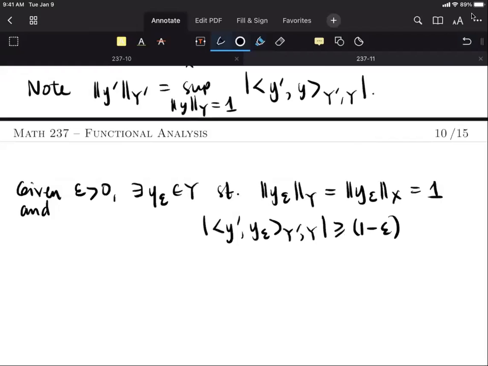So we multiply it by, let's say, 1 minus epsilon. So this is the dual norm.